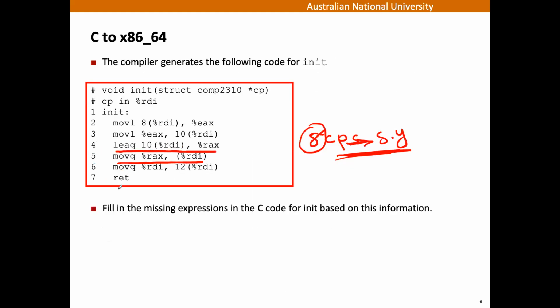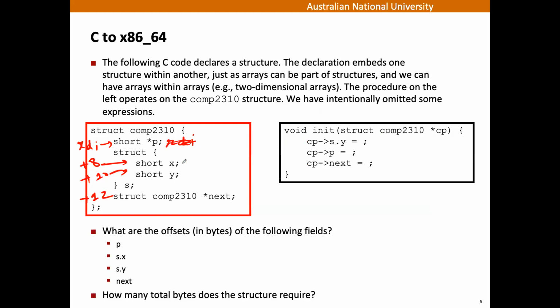So it's storing this thing into P, right?